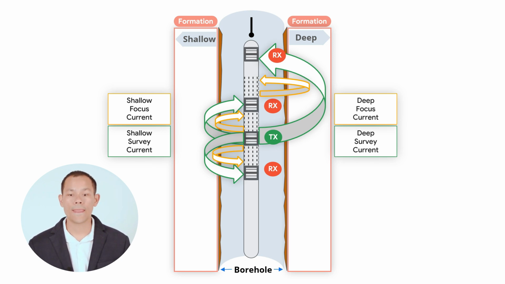Please note that the survey current is the one of main interest, since this will provide information for resistivity. There will be, for sure, other electrodes depending on the service company that manufactures each lateral log, but this is the general principle of operation of all of them.